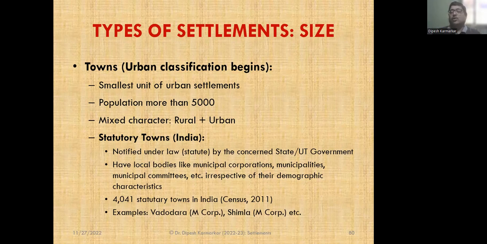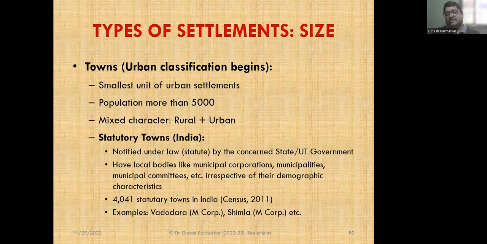Statutory towns have local bodies like municipal corporations, municipalities, municipal committees, etc., irrespective of their demographic characteristics. So irrespective of how many people or houses are in that settlement, a statute declares that particular settlement a town. And once a settlement is declared a town, it becomes part of the urban.